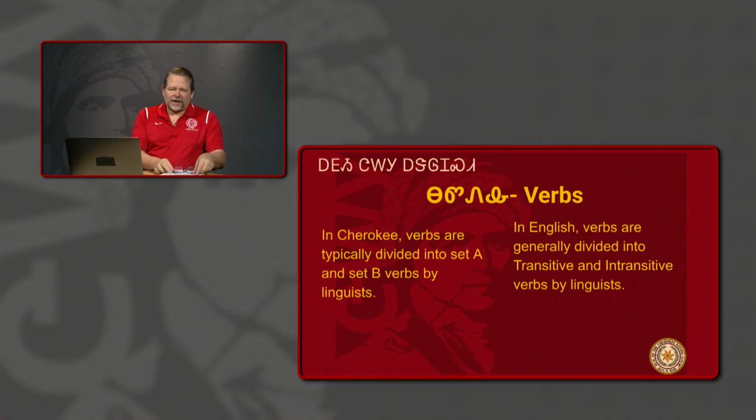So in Cherokee, however, and I used to think that, because again, linguistics is not my area of interest or expertise, I used to think that set A was kind of like intransitive verbs and set B was transitive verbs, but that's not necessarily true.